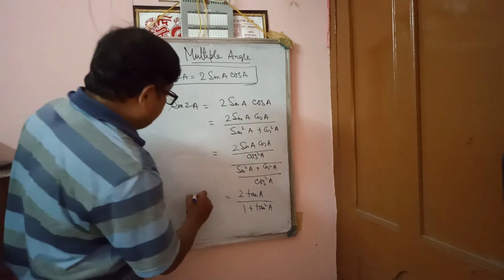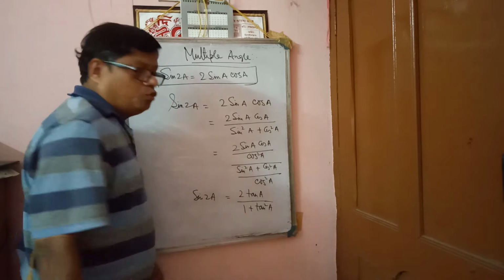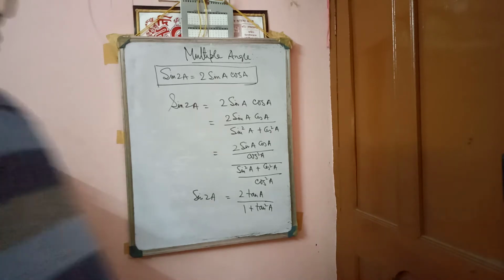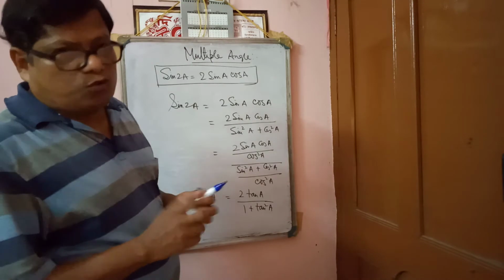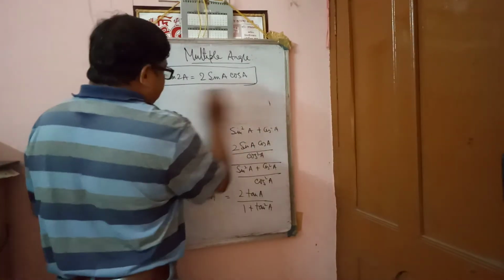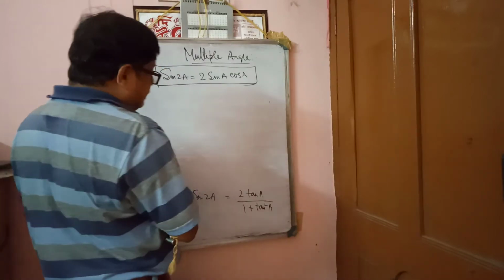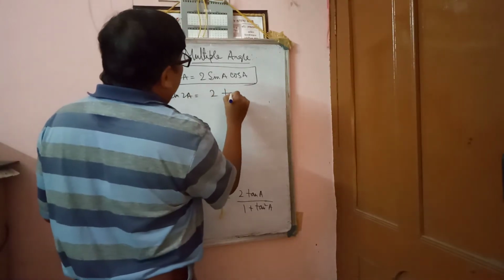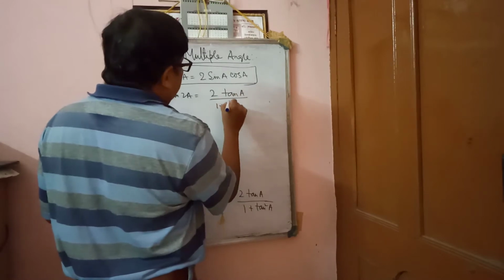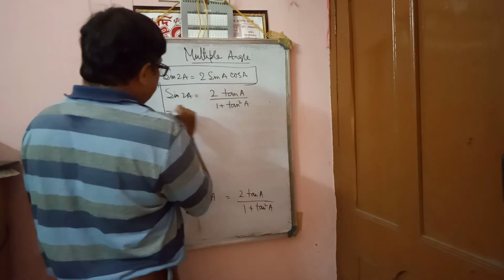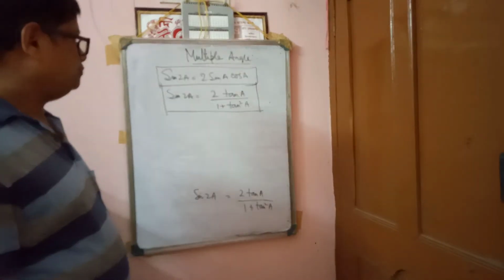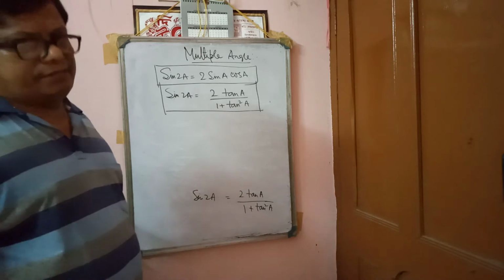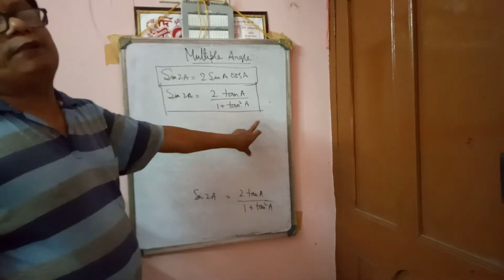So sin 2A equals 2 tan A by 1 plus tan square A. Now we are getting two formulas for sin 2A. The first is 2 sin A cos A, and the second is sin 2A equal to 2 tan A by 1 plus tan square A. Remember when to apply this formula: suppose tan A is given and you have to find sin 2A, at that time you apply this formula.